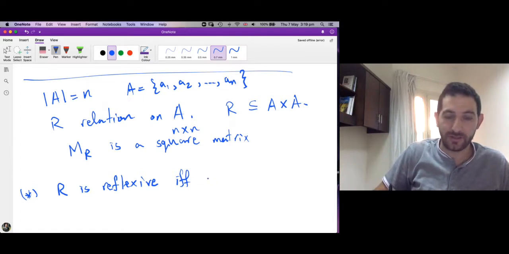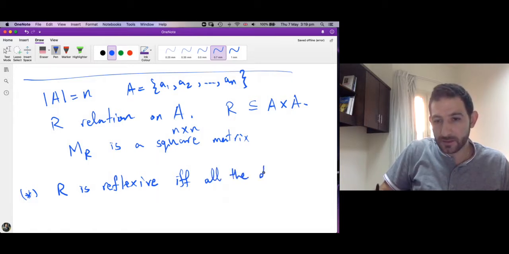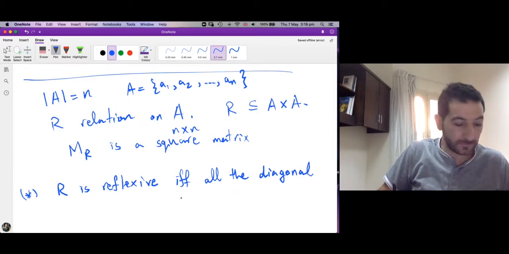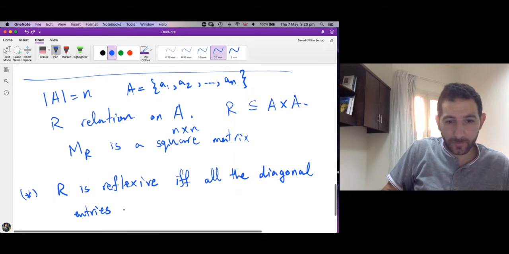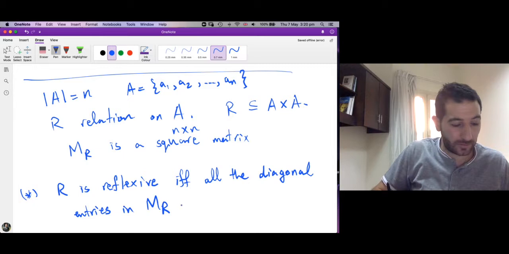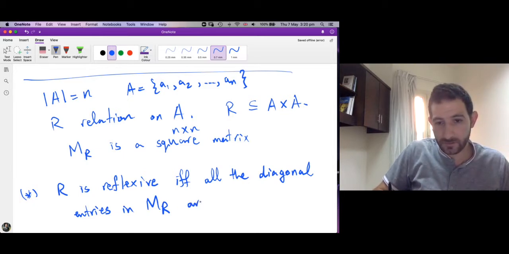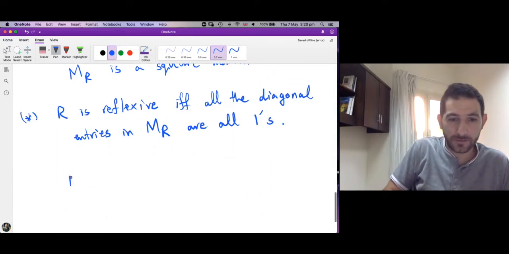So if and only if all the main diagonal entries in MR, the matrix representing R, are all ones.